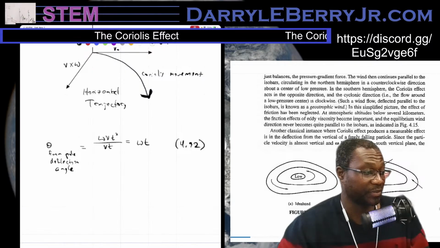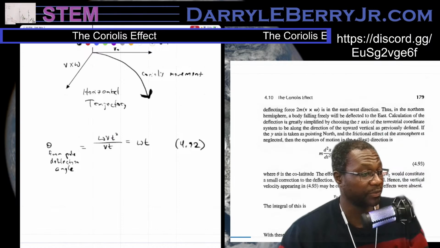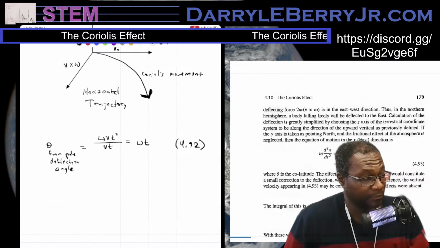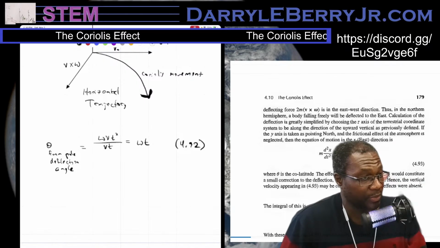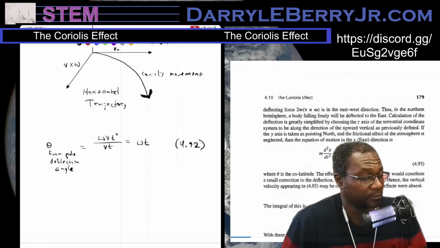Since the particle velocity is almost vertical and omega lies in the north-south vertical plane, the deflecting force 2mv cos theta is in the east-west direction. Thus, in the northern hemisphere, a body falling freely will be deflected to the east. That's interesting.